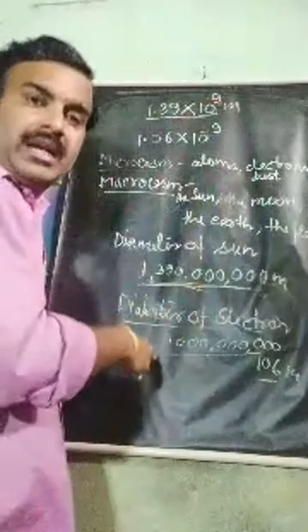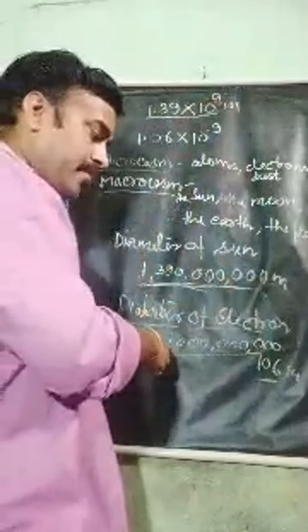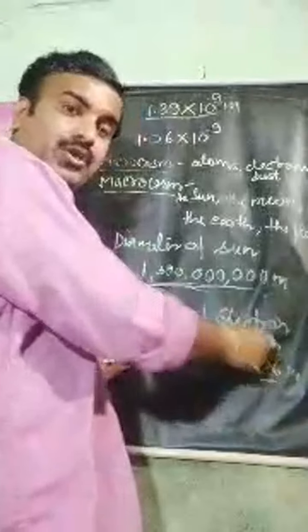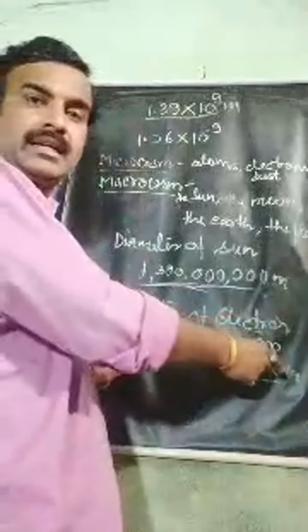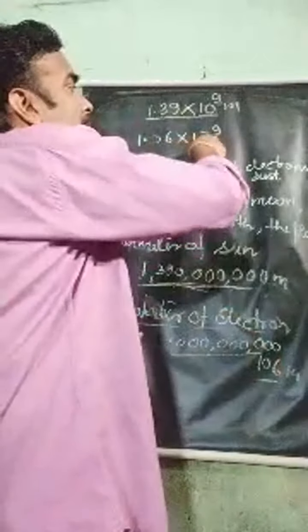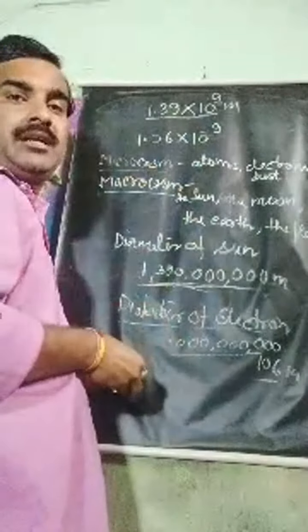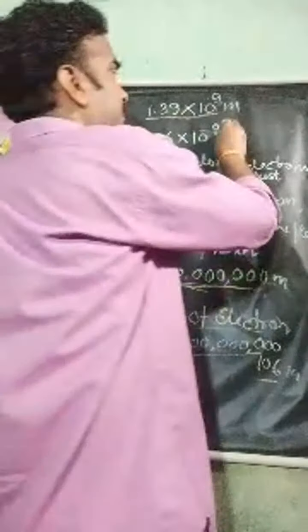Similarly, if we are going in the opposite manner, left to right, and we have to write it in terms of an exponential number, that means 10 to the power, we have to write in terms of negative. That means this one meter.